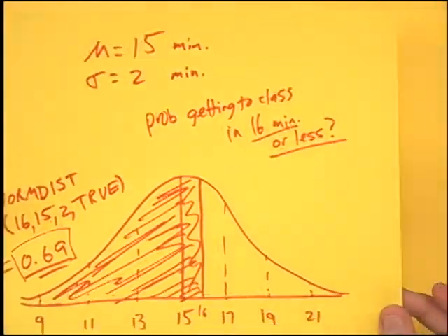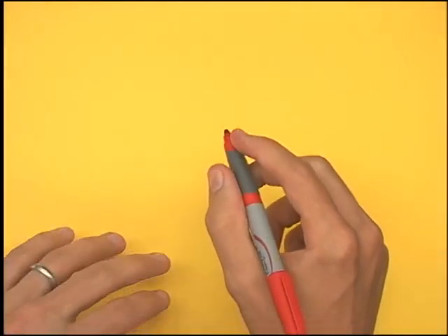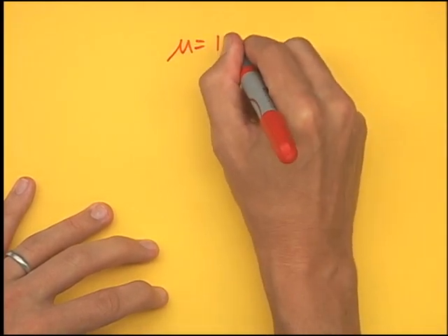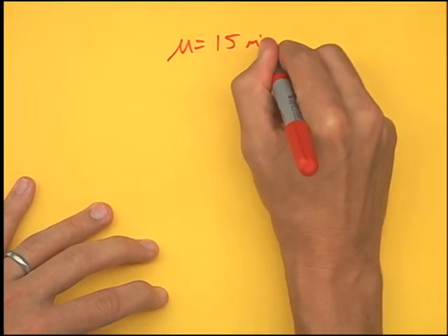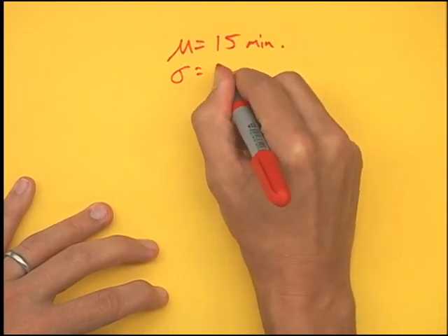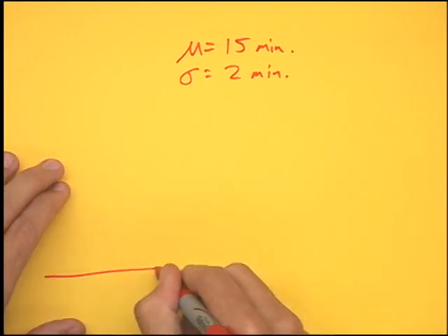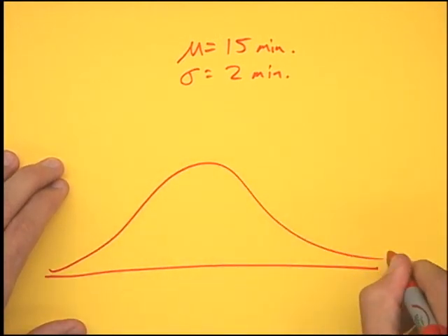Let's do one more. Let's use the same travel data, but I'll ask the opposite type of question, right? So I still have this travel data: your travel time to class is normally distributed. The mean is 15 minutes. The standard deviation is 2 minutes. So I can draw it, just like last time.